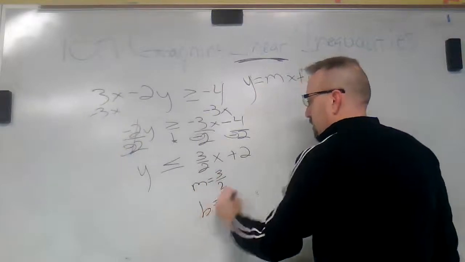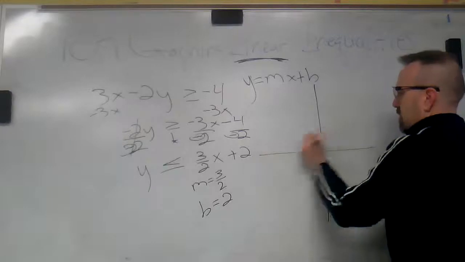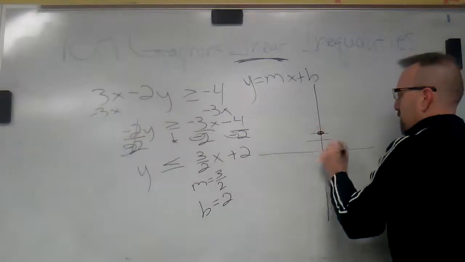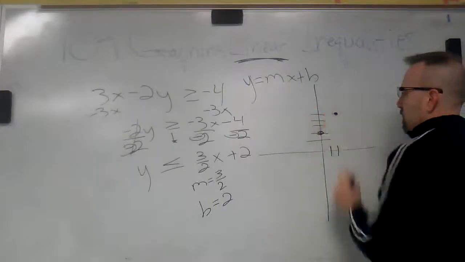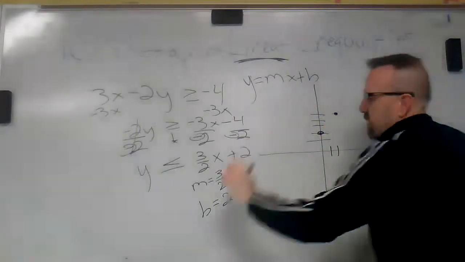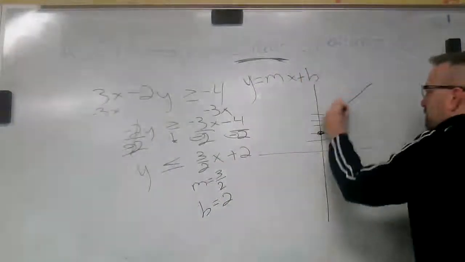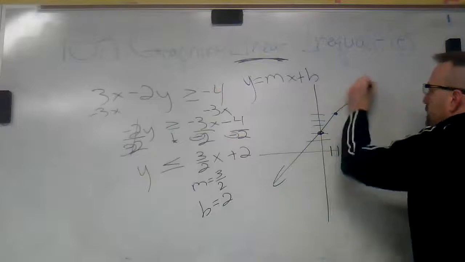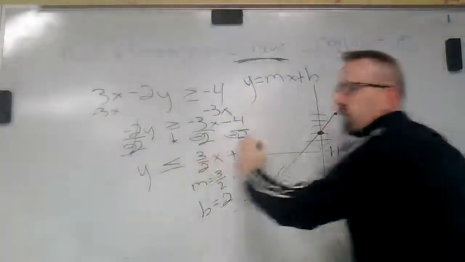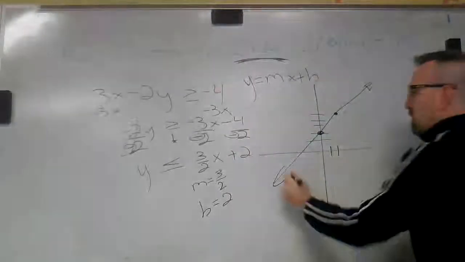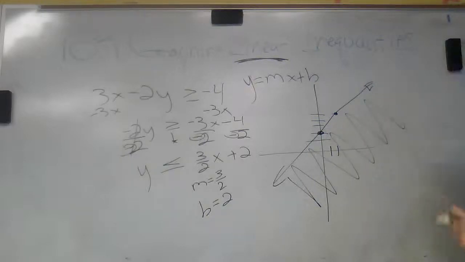Our b is positive 2. We can graph. 1, 2, 3, up 3 over 2. So rise 3 over 2. We have the line underneath, so it's going to be solid. Now the last part is we have to shade. It says less than. Less than is going to be below. Okay, makes sense.